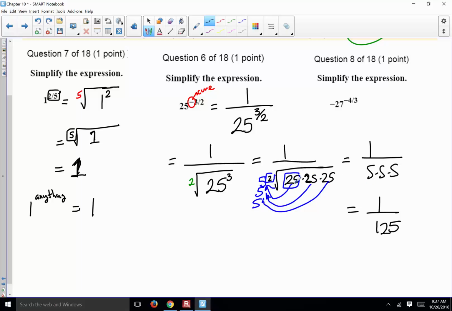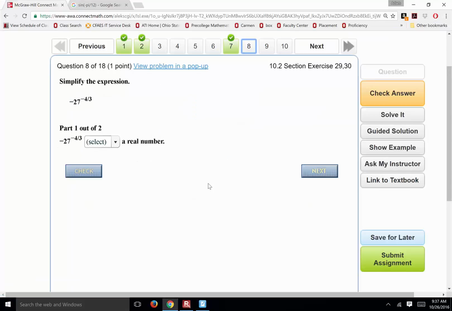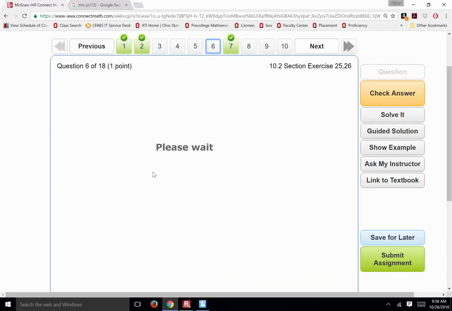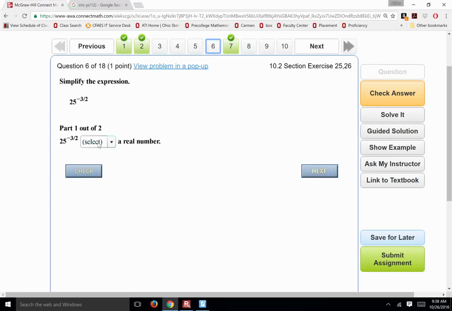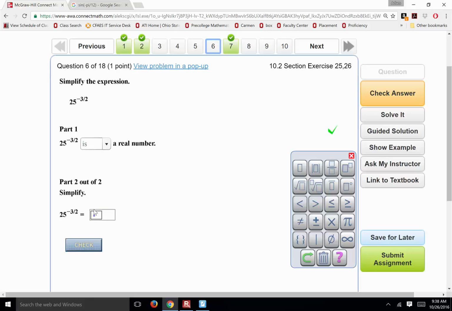Figure out a number whose square is 25, 25, 25, and 5, 5, 5, and we're done. 125 is the answer. Let's first try that. Wait a minute. Oh, this is number 6. Is a real number, and we got it as 1 over 125. Check.